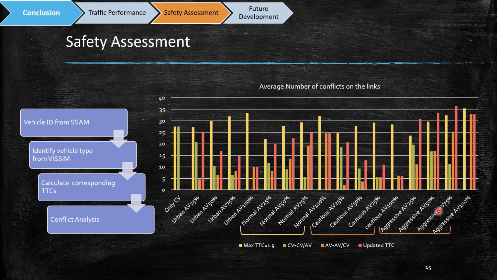And for the aggressive condition, it's a similar condition. The number will be increased and it's too much. And if we compare the result with the travel time that we showed in the previous slide, you can see that normal and aggressive were good, but here maybe normal is more acceptable, and even cautious is the best for the conflicts.